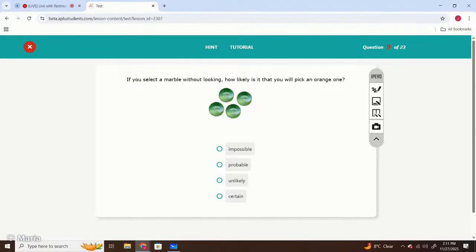If you select a marble without looking, how likely is it that you will pick an orange one? Very good. It is unlikely. We don't have any orange marble over here.